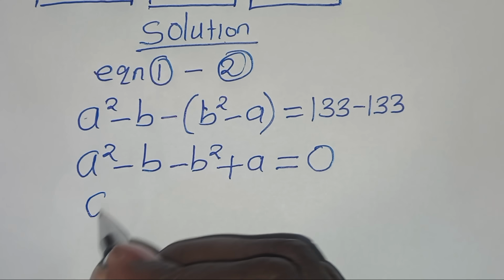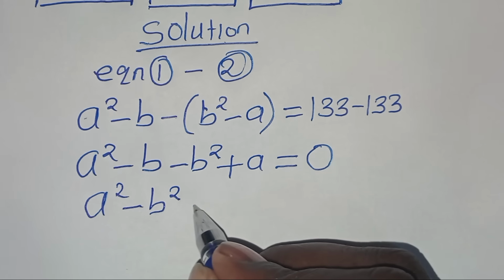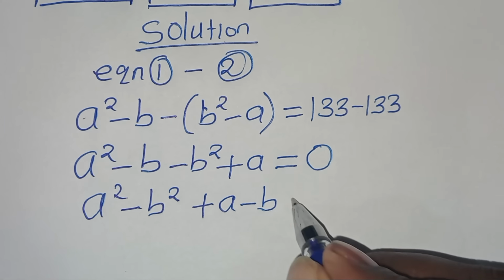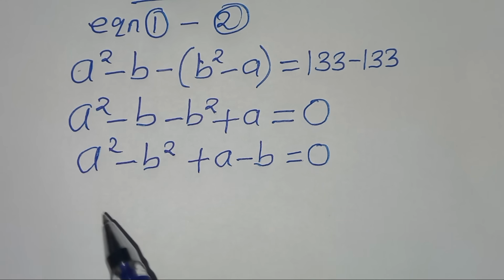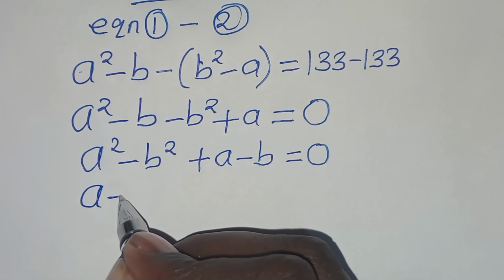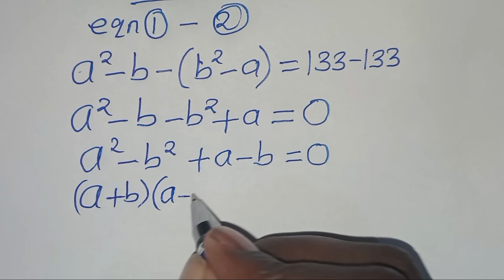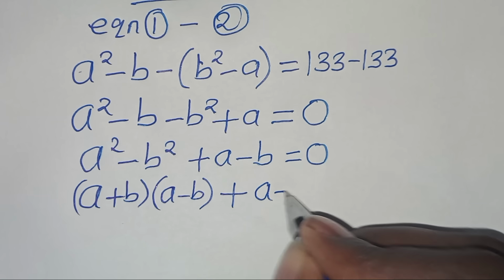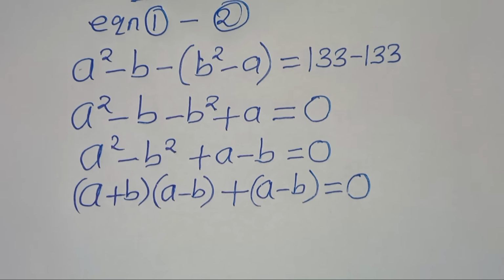So we have a squared minus b squared, then here we have plus a subtract b, equal to 0. This is the difference of two perfect squares that we can express as a plus b multiplying by a subtract b, then plus a subtract b, equal to 0.